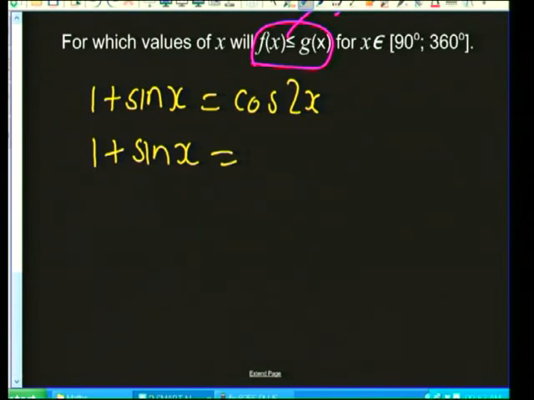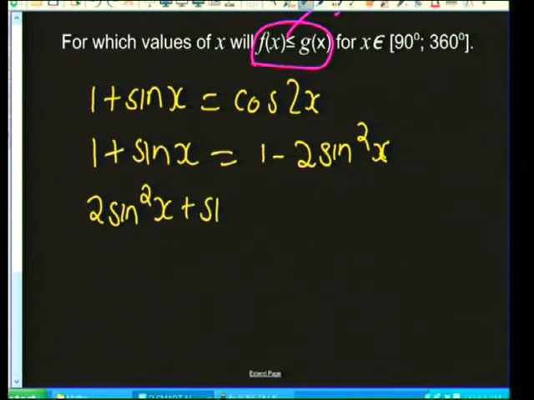We can change cos 2x because it's a double angle, so we can use 1 minus 2 sine squared x. Remember this is an equation, so we bring everything over to one side and make it equal to 0. So 2 sine squared x plus sine x equal to 0.